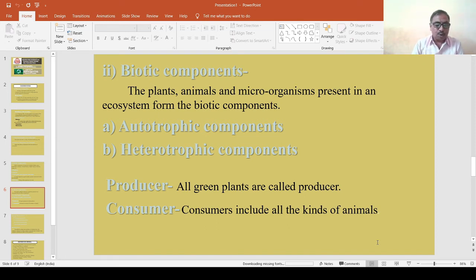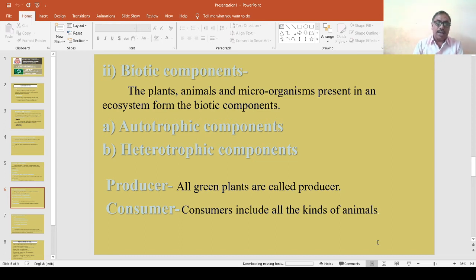These are the photosynthetic plants which capture radiant energy from the sun and convert it to stored chemical energy. In the process of photosynthesis, CO2 is absorbed and light energy is converted into chemical energy. Oxygen is evolved as a byproduct and it is used in respiration by all living organisms.